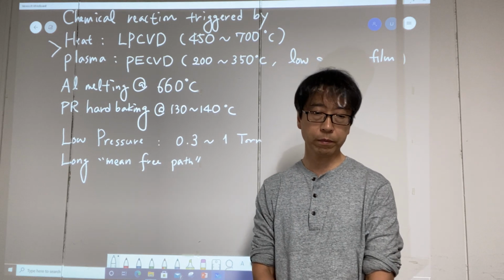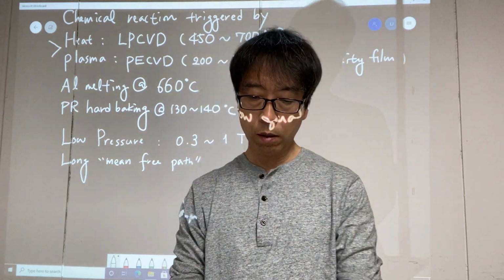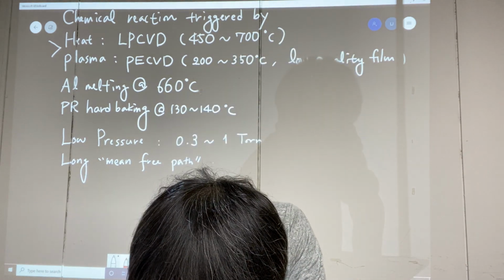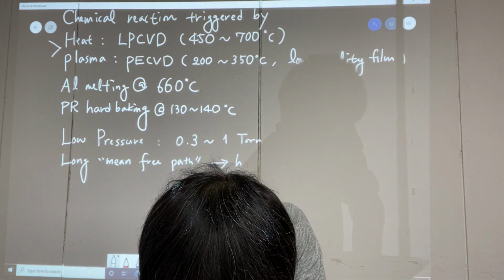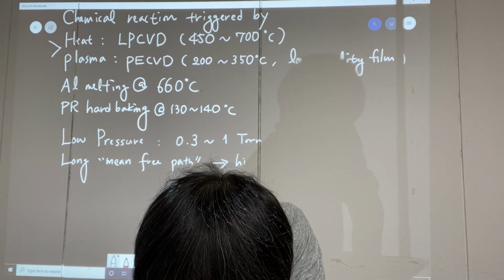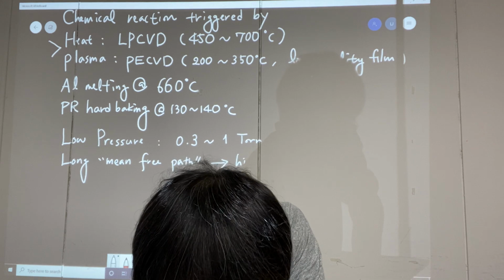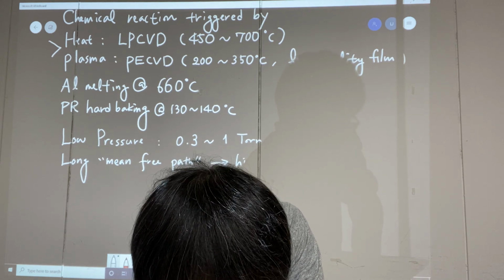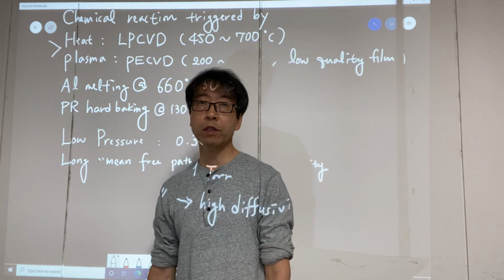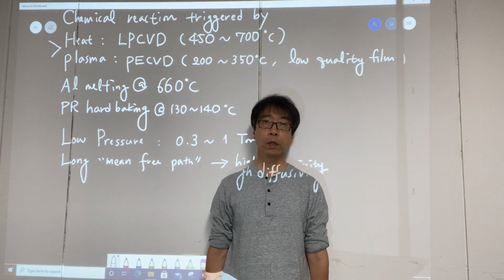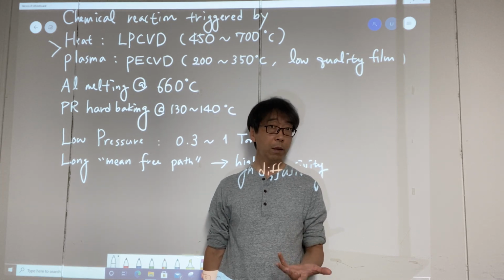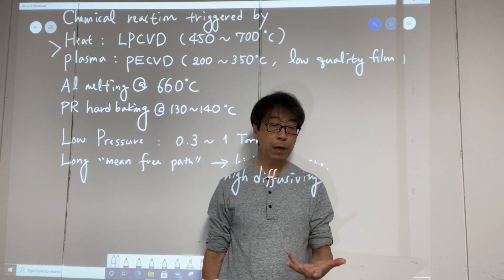But at this long mean free path, basically diffusivity will be promoted. So what that really means is that gas molecules can diffuse very well, not limited. So it's not diffusion limited anymore. Your process will be reaction limited, mostly limited only by the temperature.